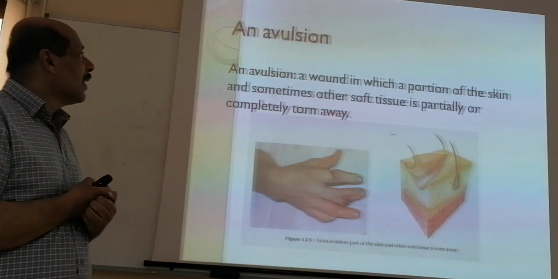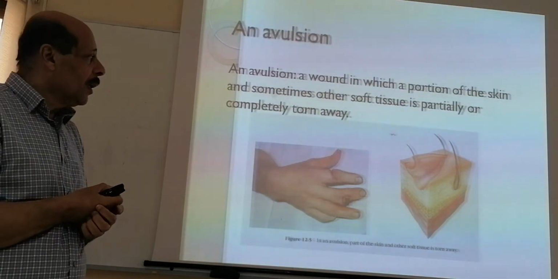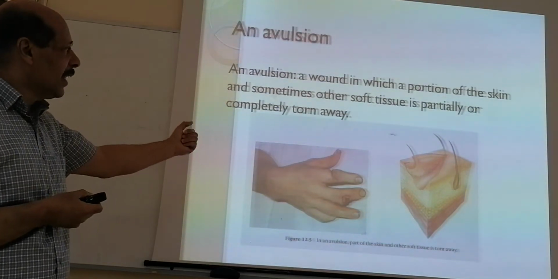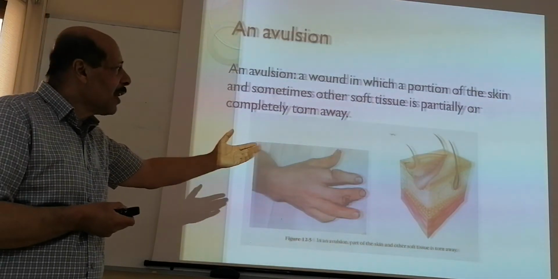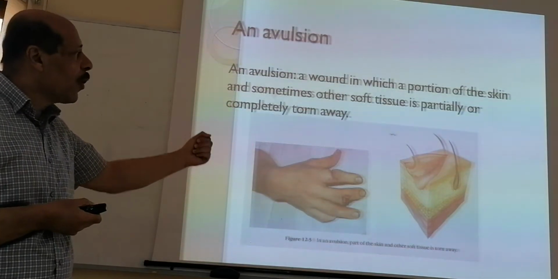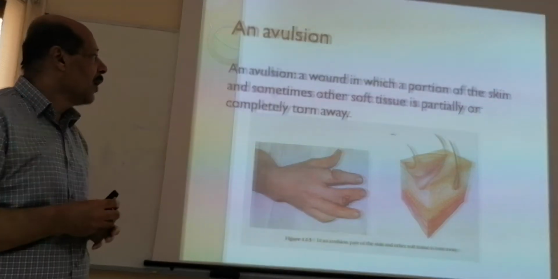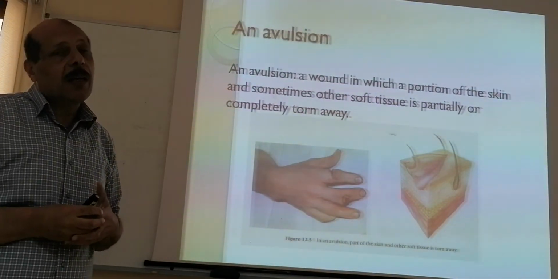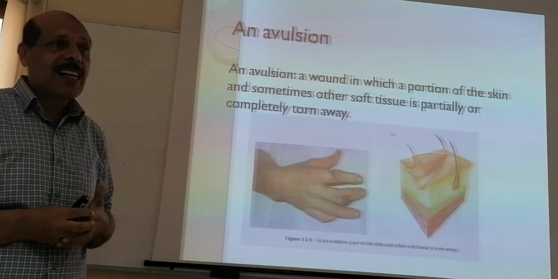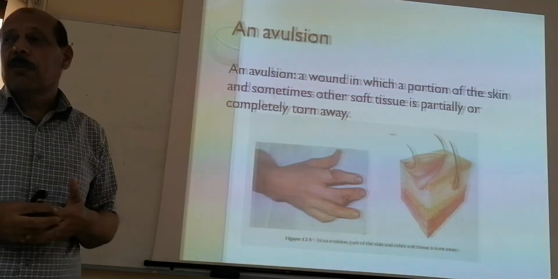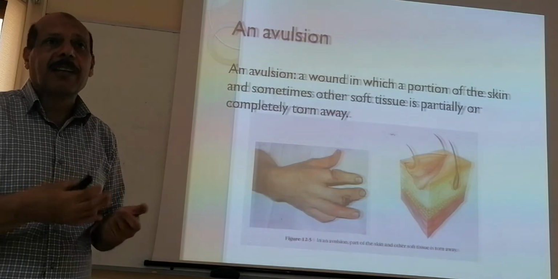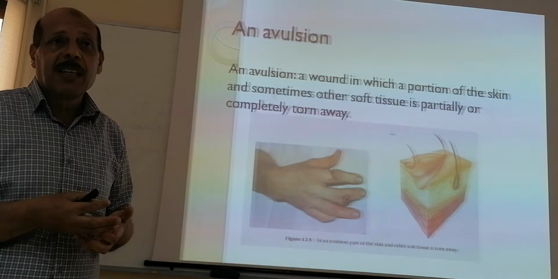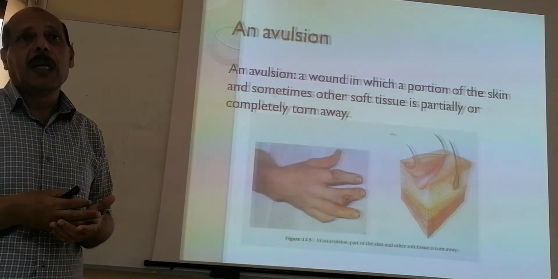Then there is what we call avulsion. Avulsion is a wound in which a portion of the skin and sometimes other soft tissues are partially or completely torn away from the body. It might happen during accidents, for those who are working in a factory with cutting instruments, or in road traffic accidents.